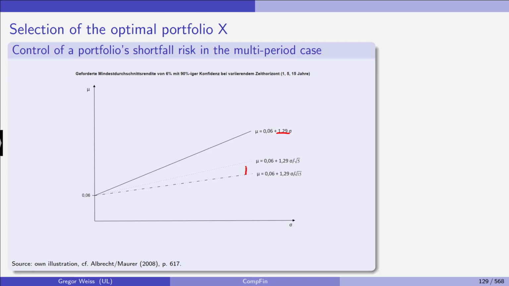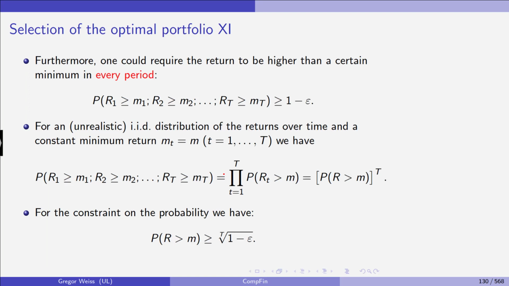If we increase the number of days, it is easier for us to fulfill this constraint. Why? Because we have more days on which the return will fluctuate, and this will, on average, drive this constraint down.